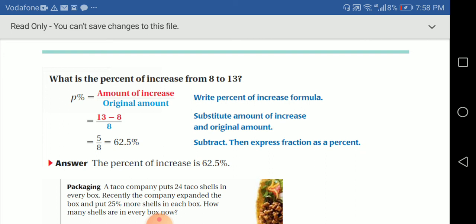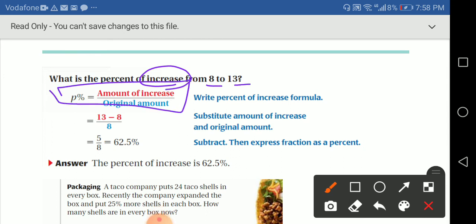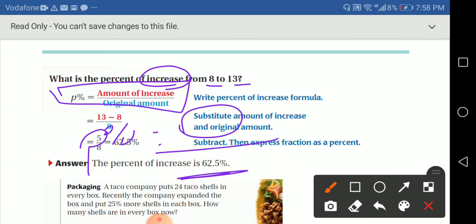What you see here: what's the percent of increase from 8 to 13? So this is a very important question. He asks me about the increase from 8 to 13. We have a rule we have to memorize. The percentage of change is the amount of change all over the original amount, of increase or decrease, all over the original. Remember this with me.